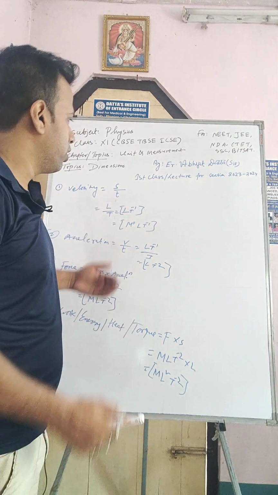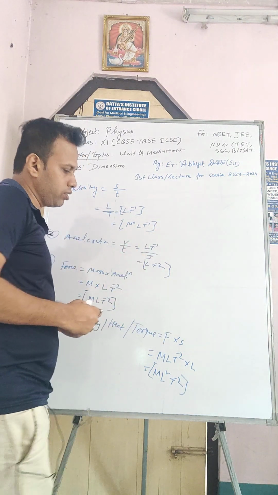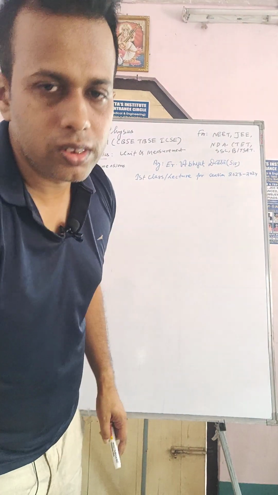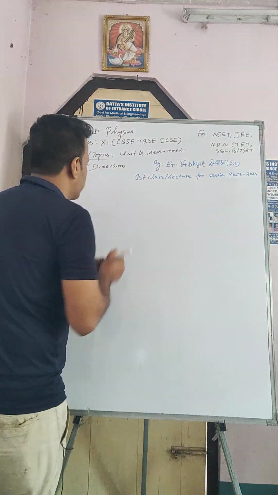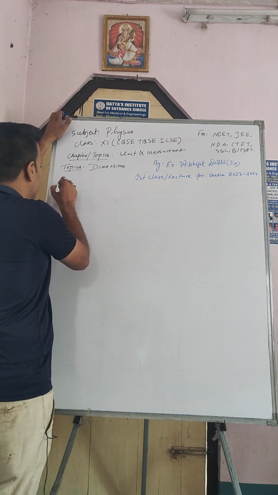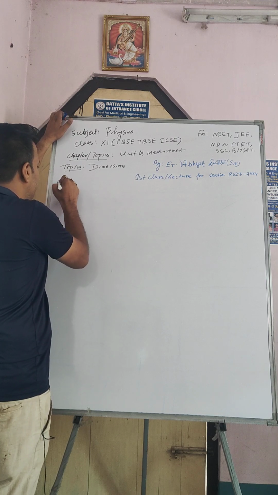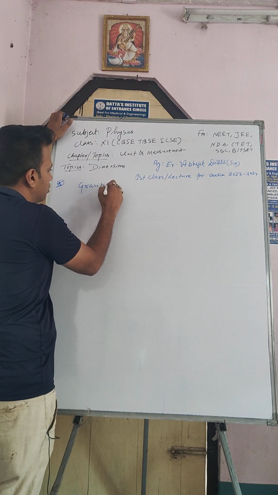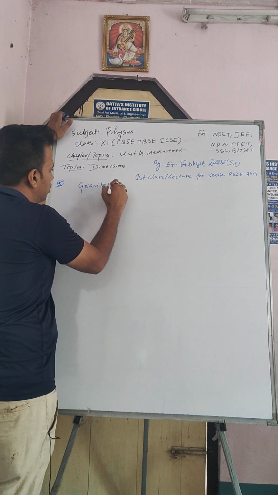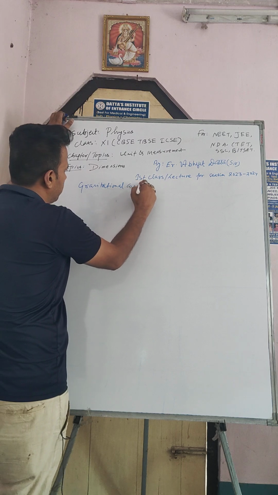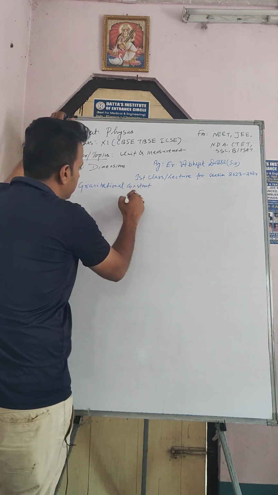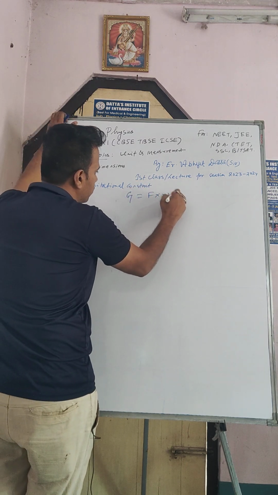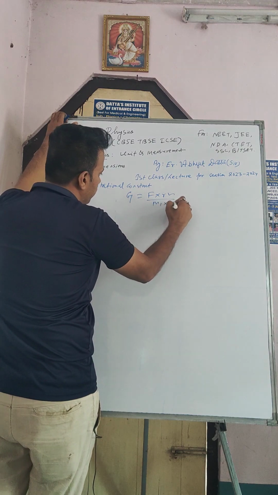Okay, now suppose we have to find out the dimensions of the gravitational constant, number 5. So gravitational constant G is equal to F into R^2 by M1 into M2.